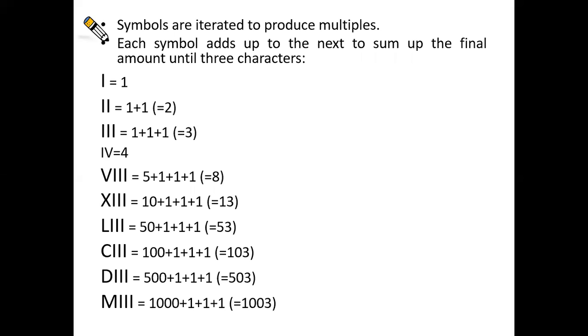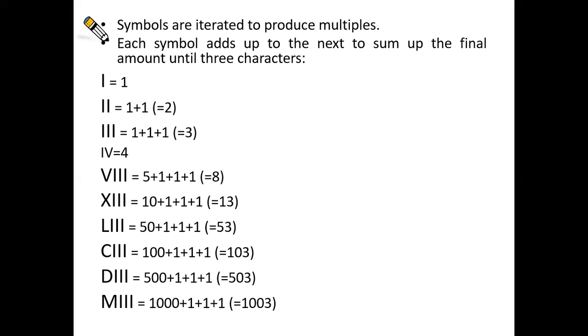So we have a symbol I, which means one. If we have I and I, it means 1 plus 1 equals 2. If we have three I's, it means 1 plus 1 plus 1 equals 3. And so on.